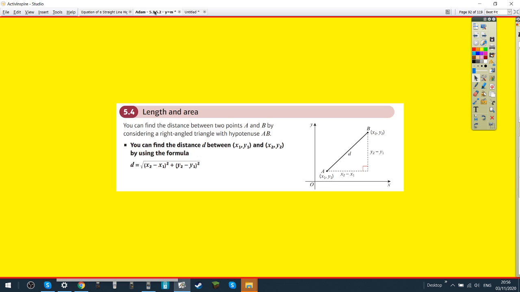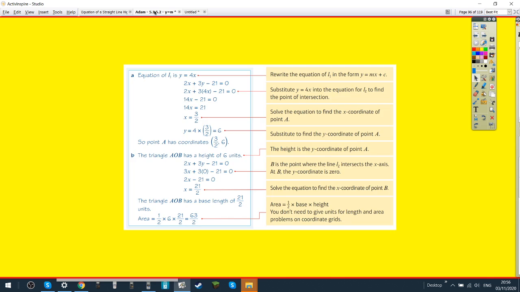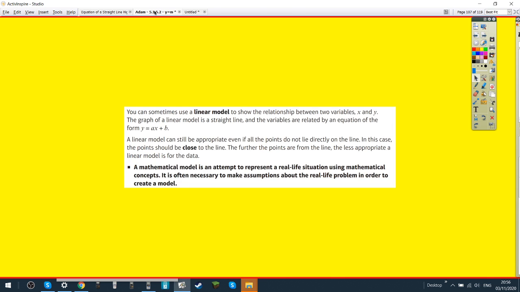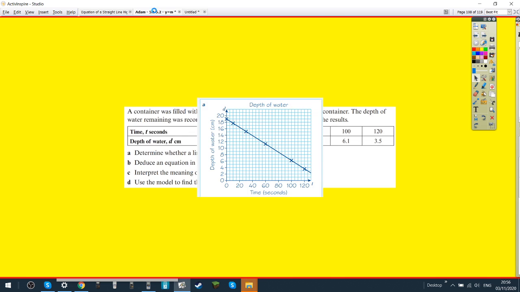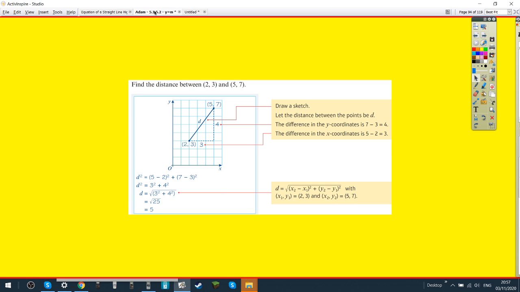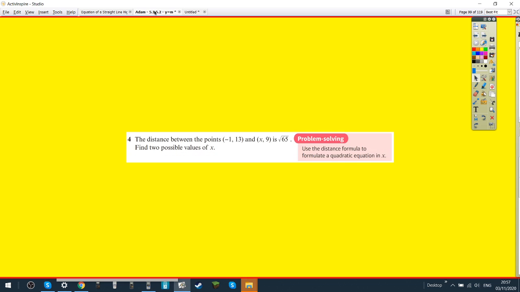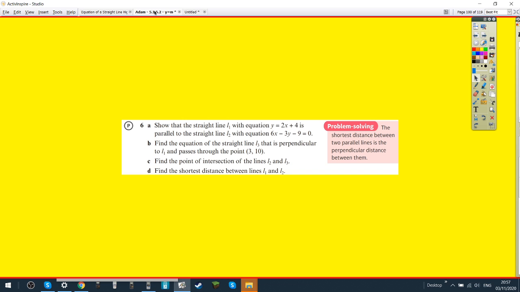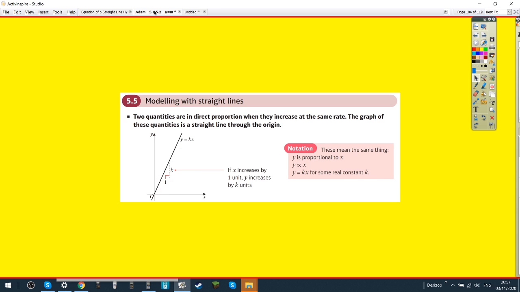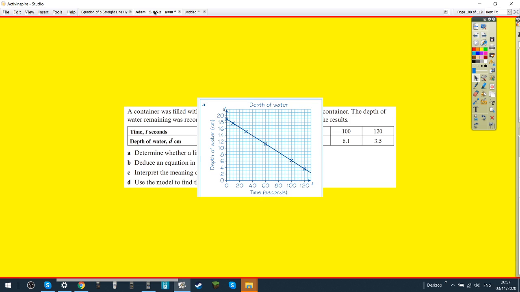See, yeah, it's the same thing. Length and area. I think I skipped that. Modeling with straight lines. Length and area. Just want to make sure. Just looking, is there a perpendicular bisector question? No, it doesn't look like there is.